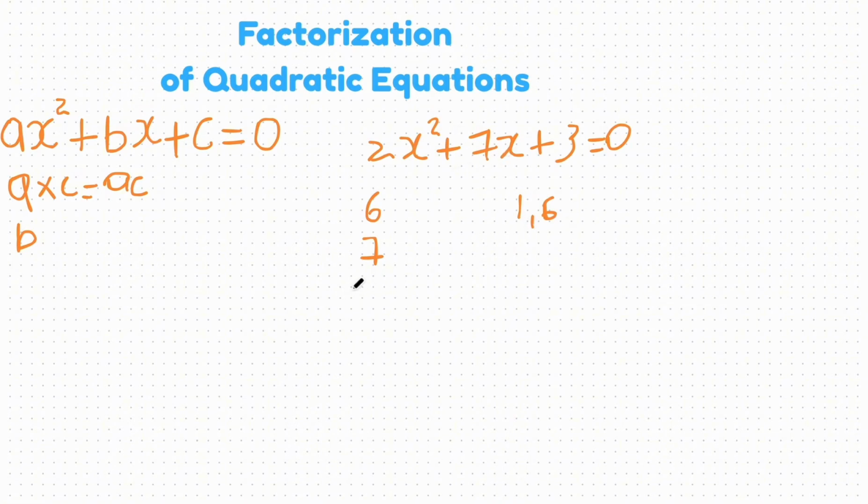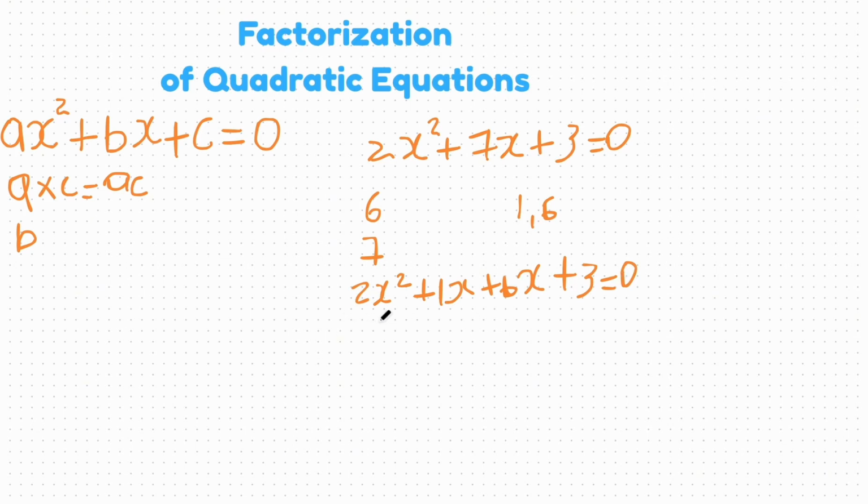So our equation becomes 2x squared plus 1x plus 6x plus 3 equal 0.